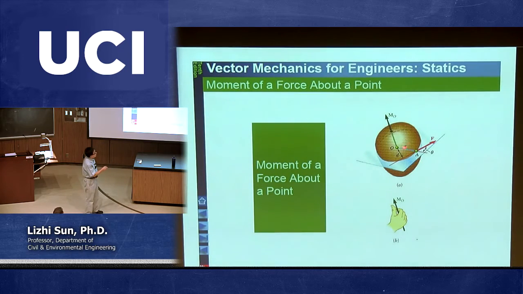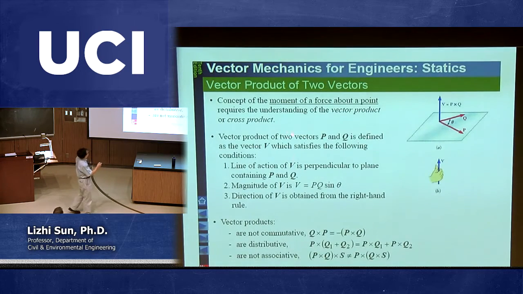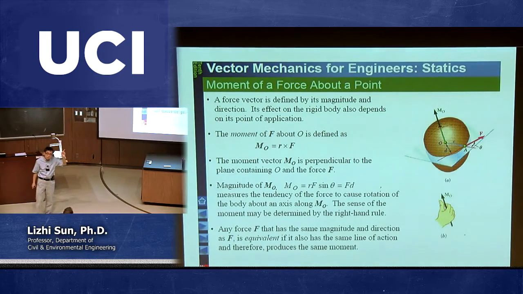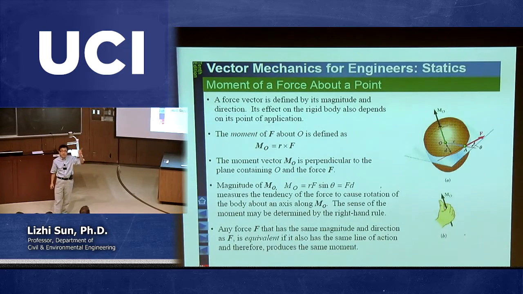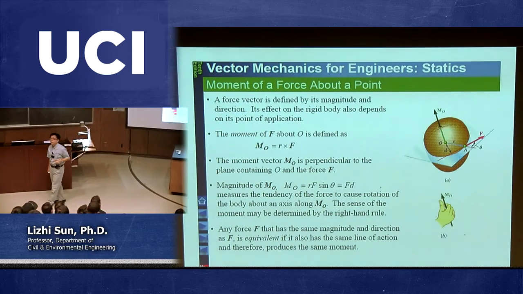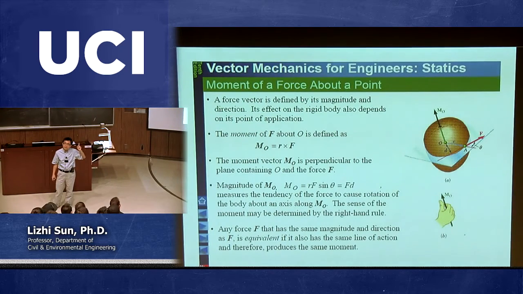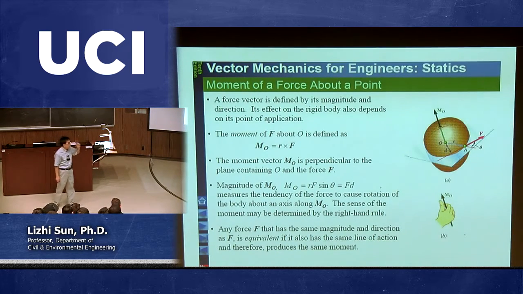By definition, it is R cross F. That's a very important equation, because for any three-dimensional problem, typically this is the only equation you have to use to calculate the moment of a force about a given point. I don't think I talk about any other equation to calculate a three-dimensional case moment, right? So that's the only equation.